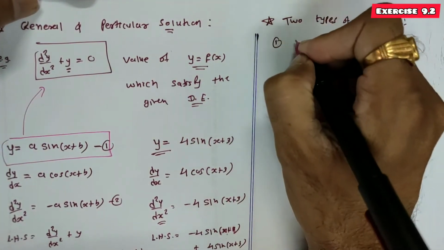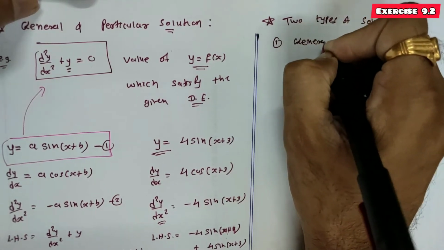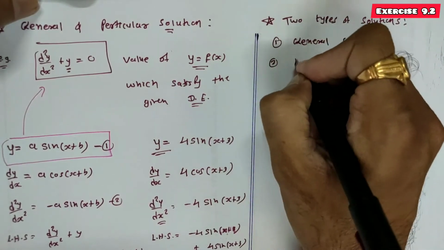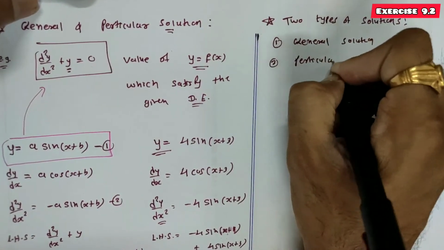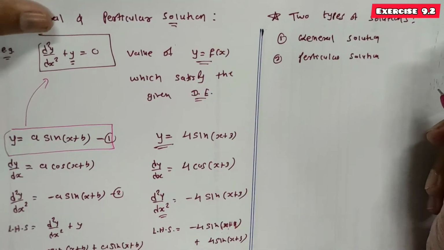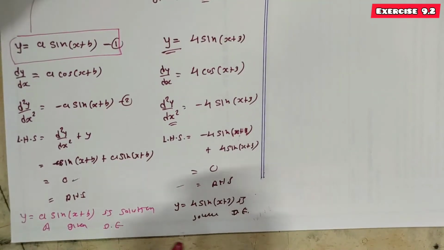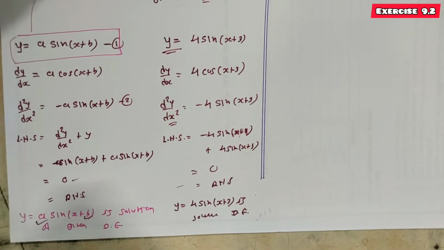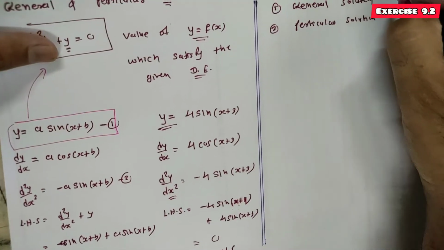The first type of solution is known as the general solution, and the second type is known as the particular solution. So in this case, if you are getting y equal to a sine x plus b, here a and b are arbitrary constants. And a general solution is always with arbitrary constants.